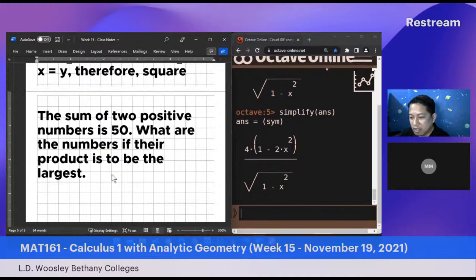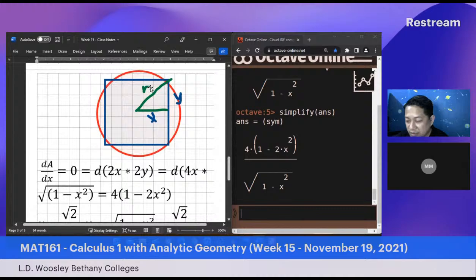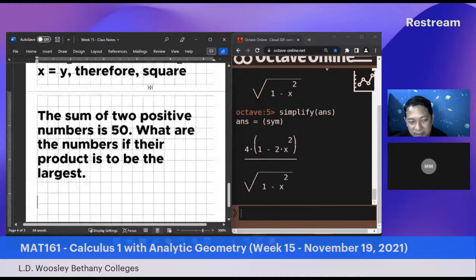Okay, the first thing to do here is to identify what is the differentiable value. What is the differentiable value here, Micaela? Kanina, ang differentiable value is the area of the square. And we get its relation based on the circle, assuming r is equal to 1. But here, there's a problem. And what is the differentiable variable?